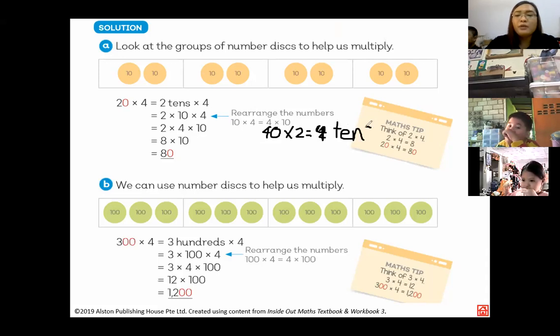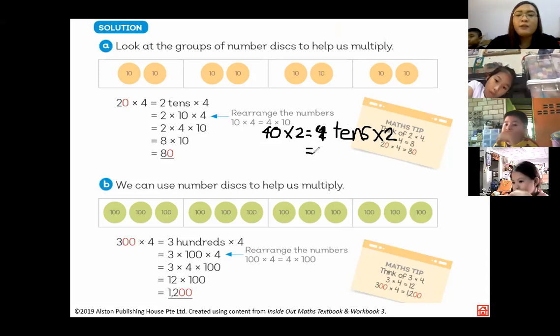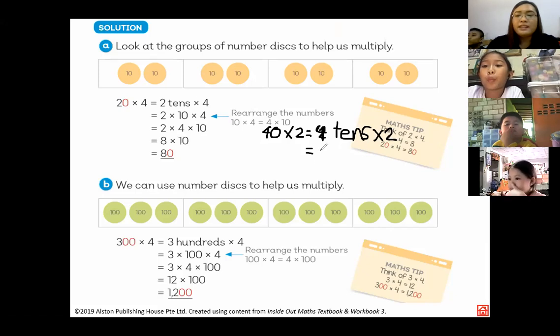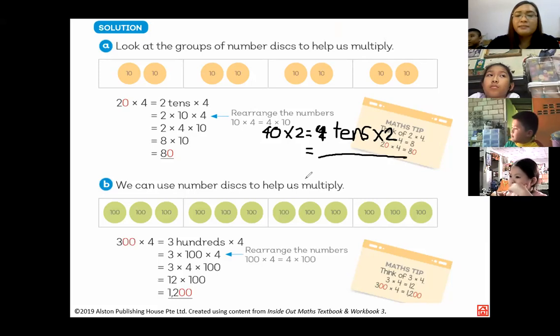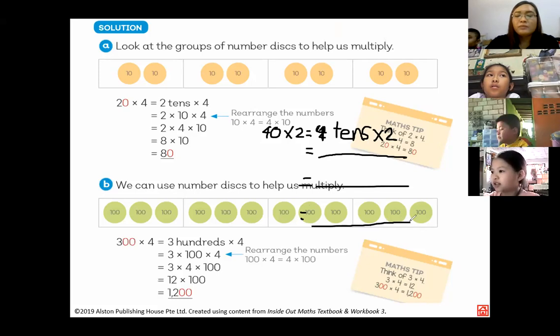Shemai, yes or no? 4 tens times 2. Okay, and then what's next? What's next, class? Four tens times 2. So what's next here?